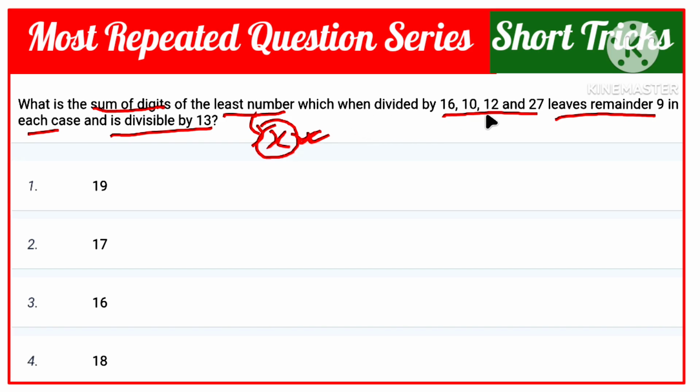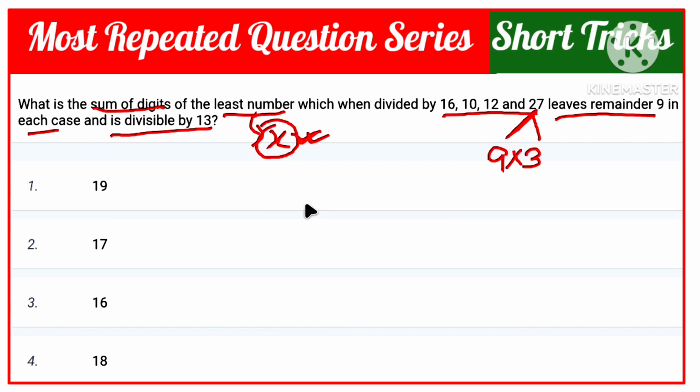Now just look at this particular statement. If we divide by all these four numbers, you will be left with 9 as the remainder. Here this 27 is a multiple of 9, that is 9 into 3, 27. Now understand very carefully. If we subtract 9, the number will be divisible by 27, that is the least number.